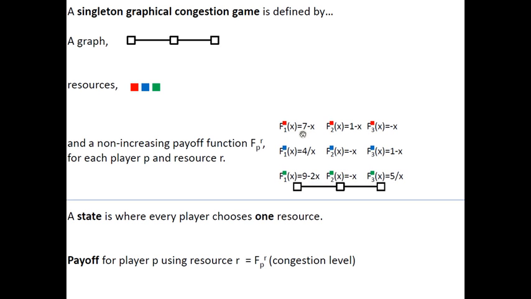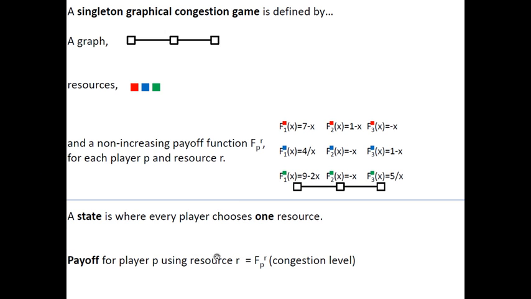So here would be an example. And note how we have a payoff function defined for each player and each resource. Now a state, otherwise known as a strategy profile, that's a scenario where every player chooses one resource. And this is the basic flavor of the game. Every player picks a resource, and then the players get payoffs.